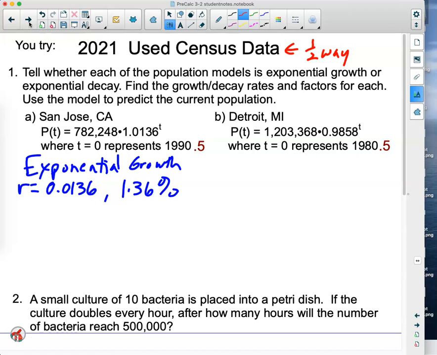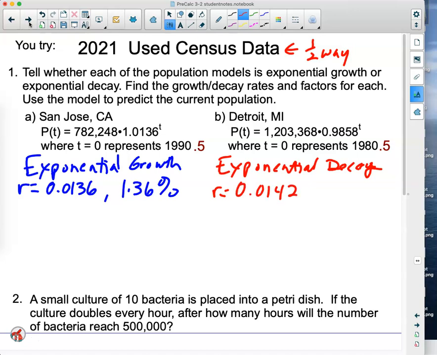Yeah, that one's decay. And did you find R? 0.0142. Thank you.